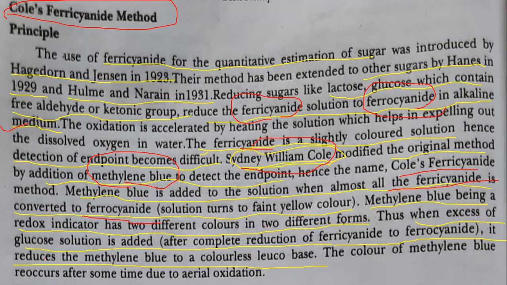Methylene blue, being a redox indicator, shows two different colors in its oxidized and reduced forms. When excess glucose solution is added after complete reduction of ferricyanide to ferrocyanide, it reduces the methylene blue to the colorless leucobase. The color of methylene blue reoccurs after some time due to aerial oxidation.